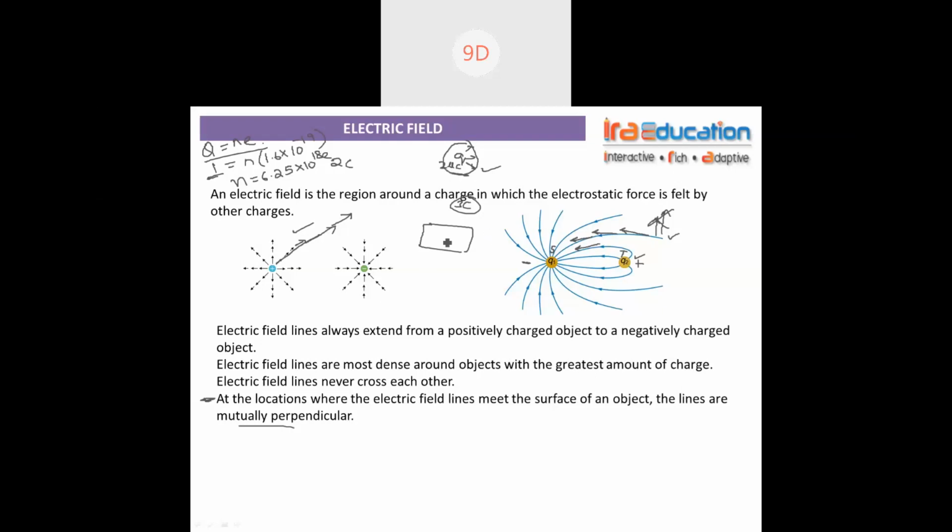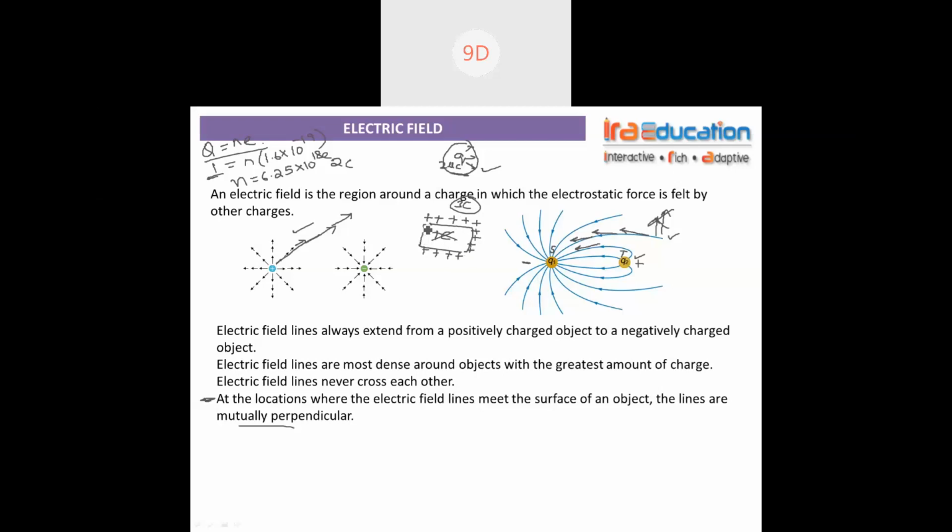Now I'm just going to tell you that there is, let me say, one coulomb of charge over here. Remember that this 1 coulomb of charge is not at the center. The charge in any equipotential surface is always on the surface.